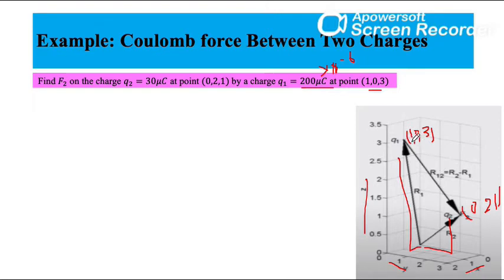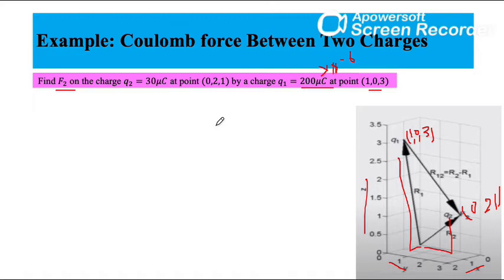Now the question is: q1 is exerting some force on q2, and we need to find the force F2. Coulomb's law will help us find this, but Coulomb's law requires us to give both magnitude as well as direction. Magnitude is the easier part; direction is something that we want to understand.